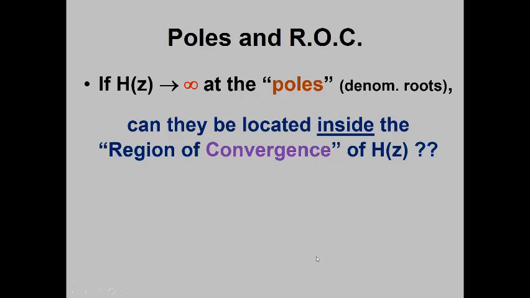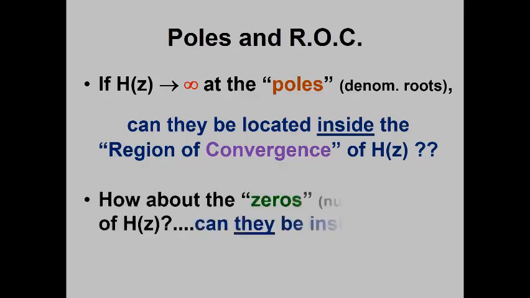Convergence, things tamping down, is not what goes on when things go off to infinity. So logically, any values of z that make H(z) go off to infinity cannot be within the region of convergence of the transfer function. So poles are important, they're excluded from the region of convergence.